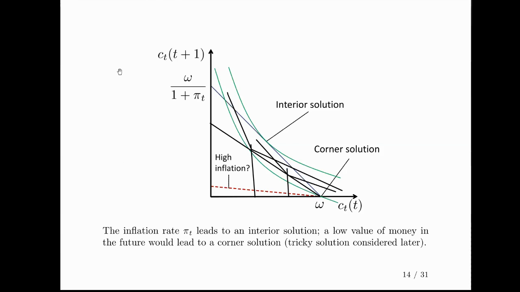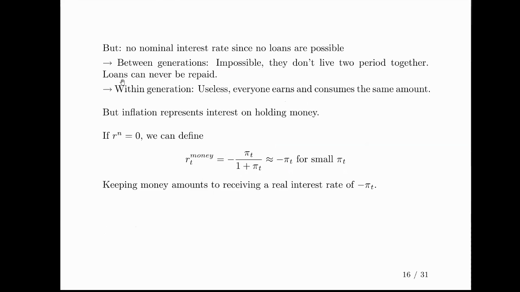So we just have to solve the equation? Yes, exactly. But the tricky thing here, just to keep you awake, is that there is this approximately equal sign here for small inflation.